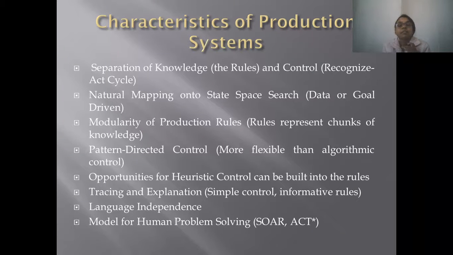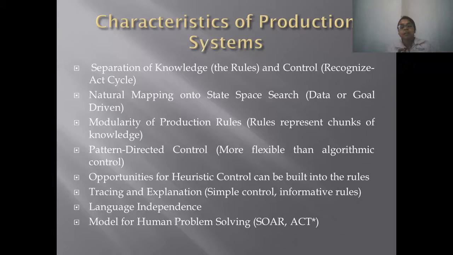And then the separation of knowledge, that means the rules and control, is recognized at second. So here I am telling you about the characteristics of the production system. Okay, so second is the natural mapping onto state space search, that is data or goal driven. Then the modularity of production rules means rules represent chunks of knowledge. Then the pattern directed control means more flexible than algorithmic control.